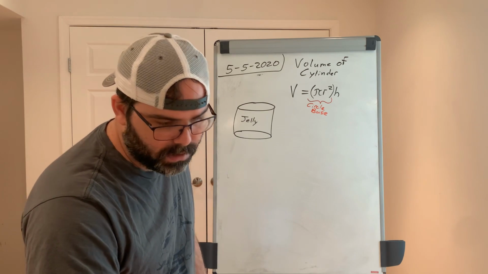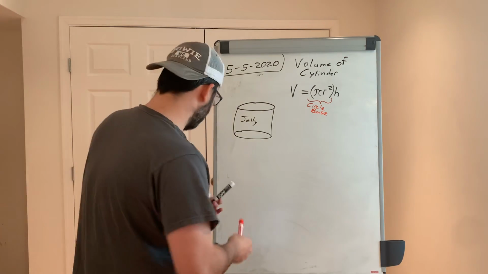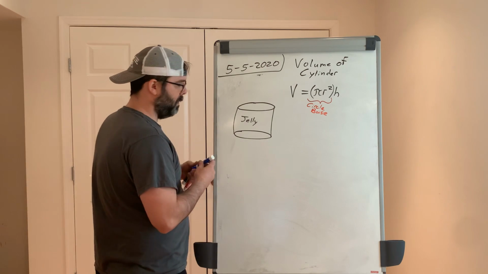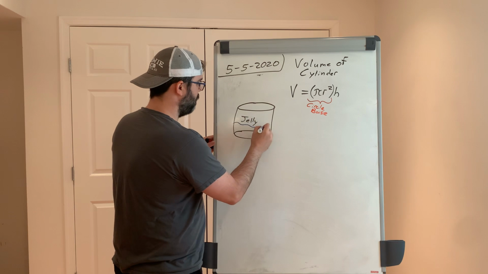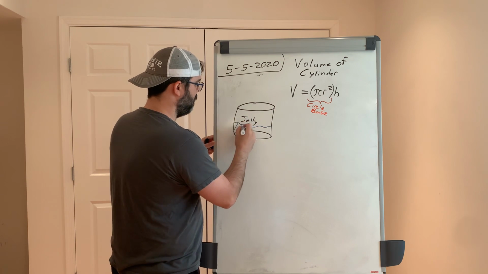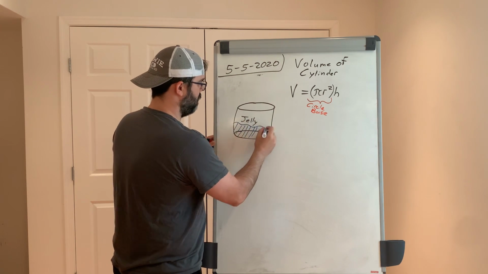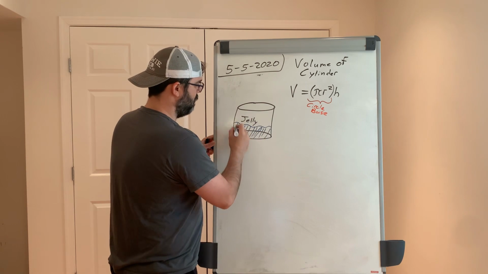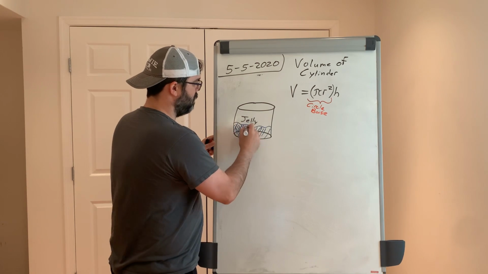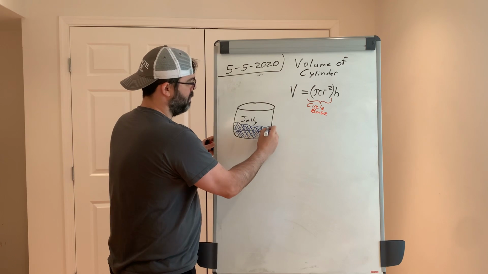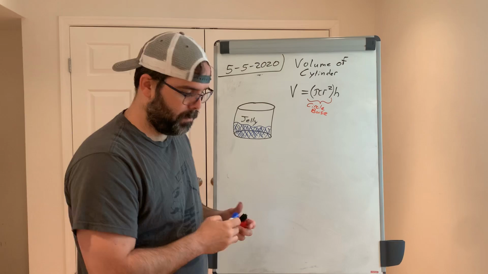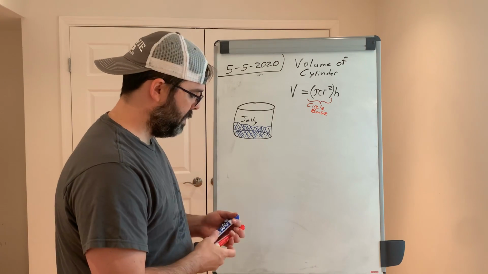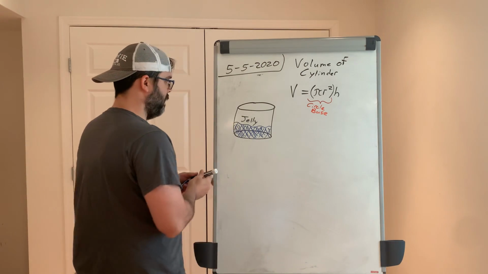And this jar of jelly is only partially filled. We'll call this blueberry jelly. Okay, we've got a jar of jelly that's only filled part way. The question is, what is the volume of the jelly in the jar?